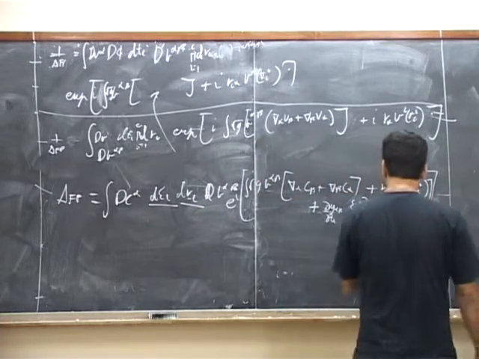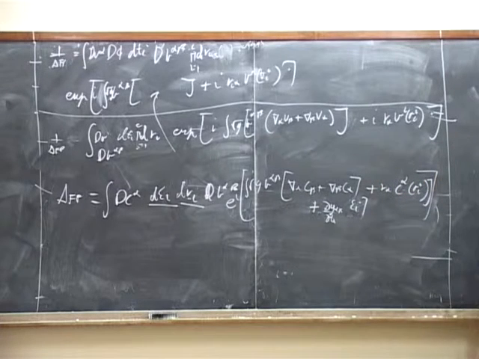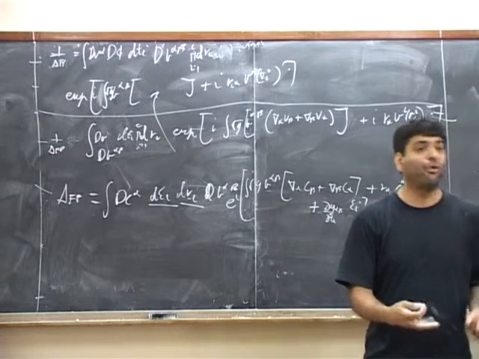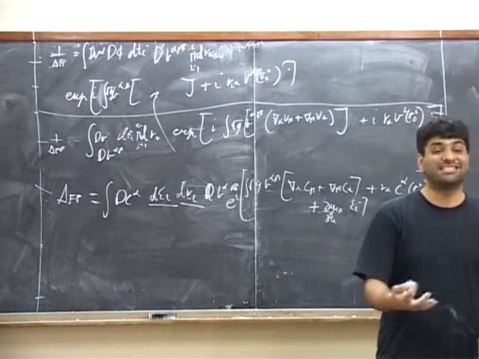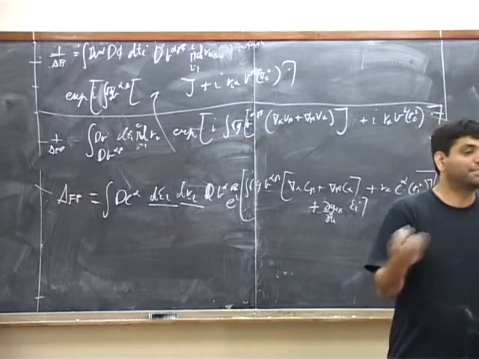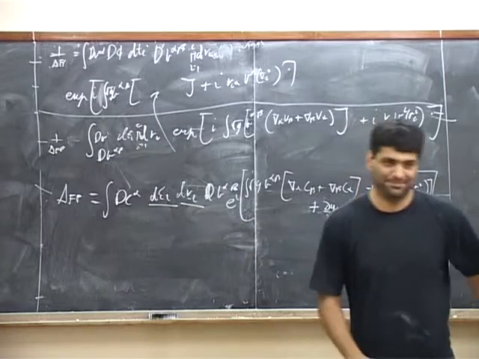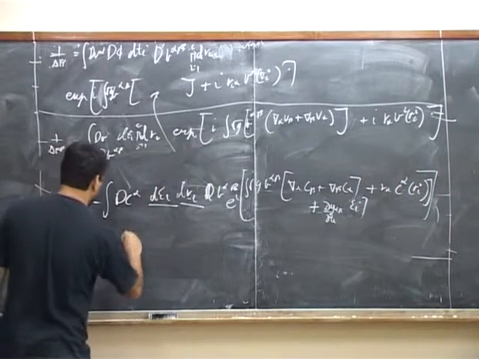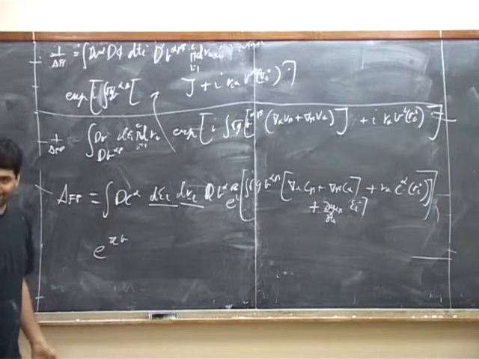The integral over Ri and zeta is very simple, because these things are anti-commuting coordinates. So we take this exponential and we expand it. The Taylor expansion of the exponential ends at first order. Suppose we got something like e to the power ab where a and b are both anti-commuting.